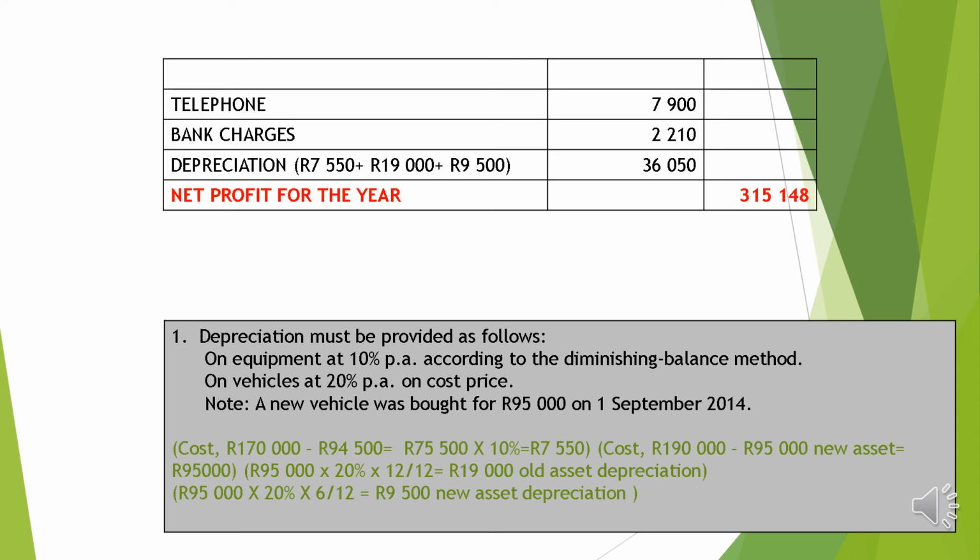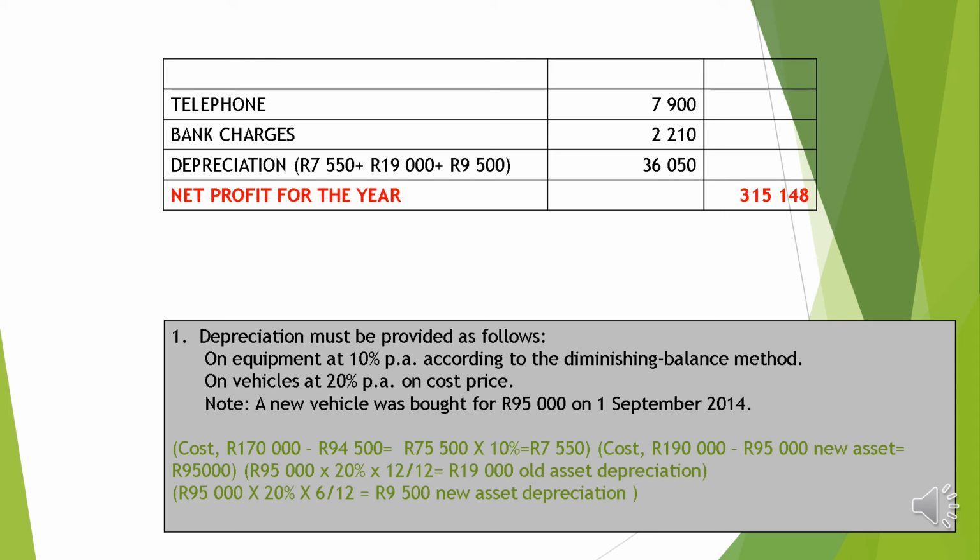So it's also called a cost price or a straight line, because the depreciation amounts are almost the same, because we expect that we use an asset or consume the economic benefits or service potential in a manner that is equal or distributed evenly towards the useful life of these particular assets.